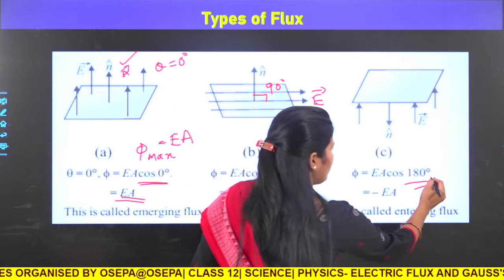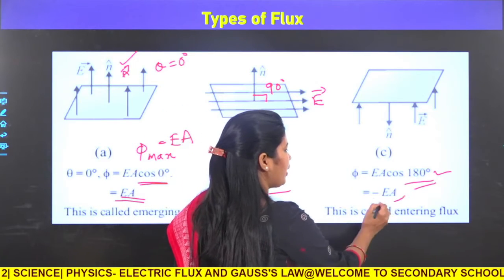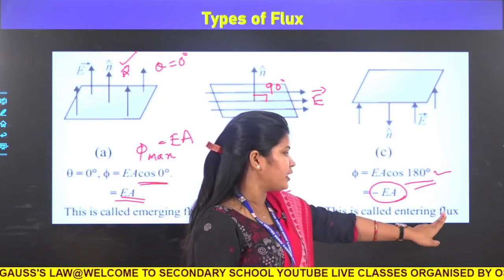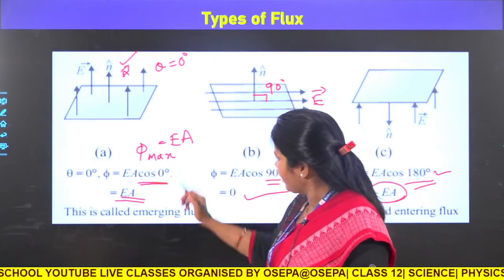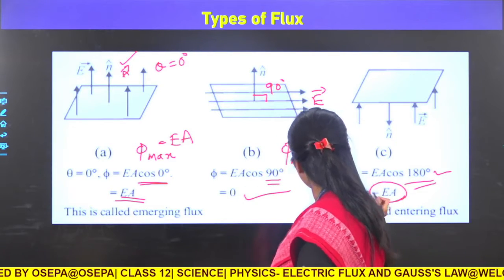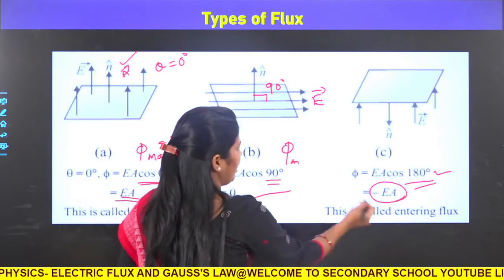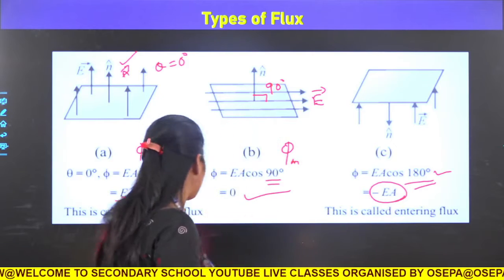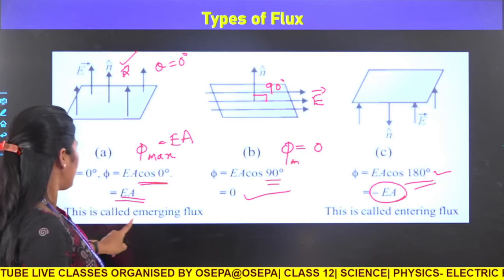And cos 180 is minus 1, so phi is equal to minus EA. This is called entering flux. Here phi maximum is EA, phi is 0 here, and this is phi minimum, minus EA. See this, this is called emerging flux.